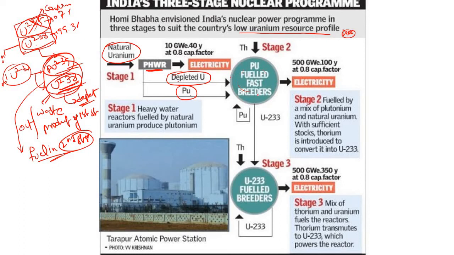And these are fast breeder reactors. I told you why the name fast came here: no moderator is used, so the speed of the neutron is not controlled, and it hits very fast. Due to that it is called fast. Breeder generally means that more fuel is produced than is consumed.